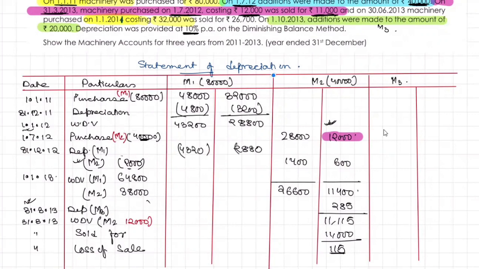So WDV for next year will be 64,800 in total, but it will be divided. So the WDV will be 38,880. Here it will be 25,920. Correct?